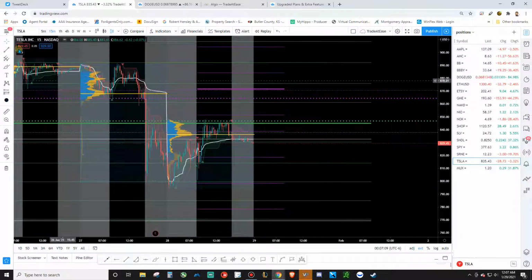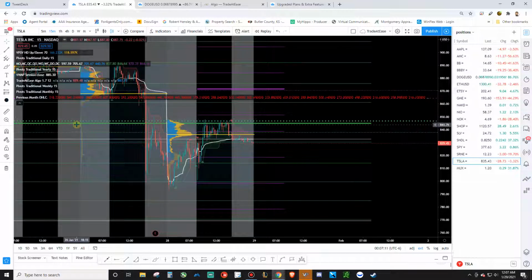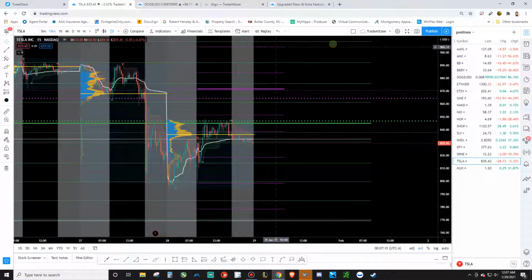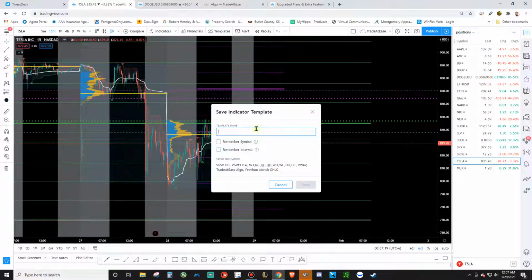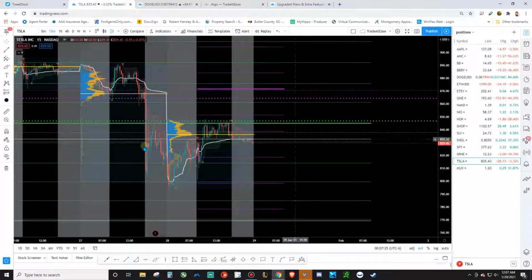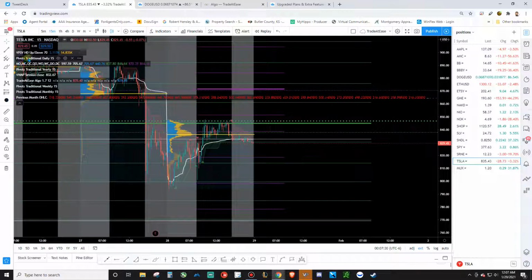I think I went over this in the last video, but something I added here, and I need to save this template actually, so save it as trade at ease 2.0 number interval. So I'm going to save this layout, but what we've got going on here is the confluence of levels.